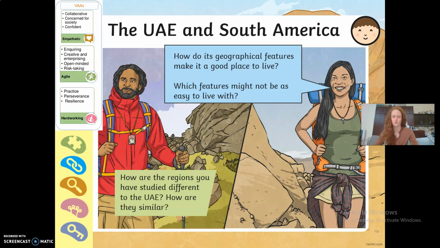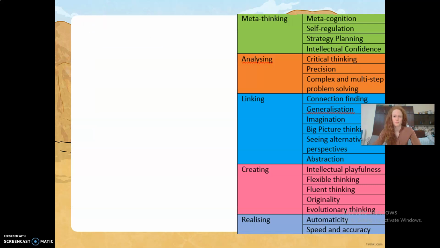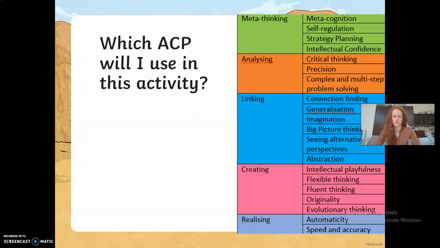And how are the regions you have studied different to the UAE? Okay, I would like you to make a little writing under your comparison, where you literally consider these questions and answer them. Okay, where would you prefer to live? Why? All right, so that's your little project for this lesson.